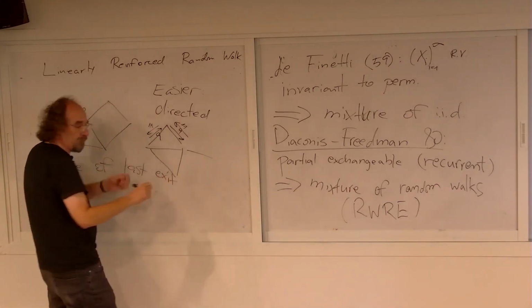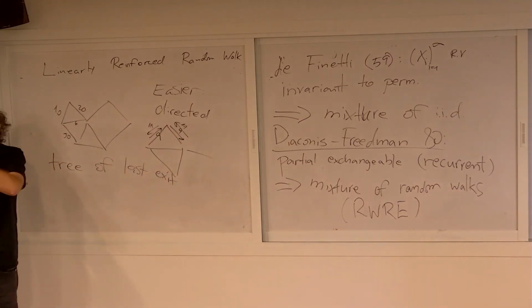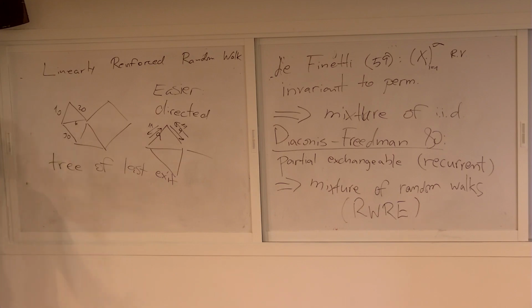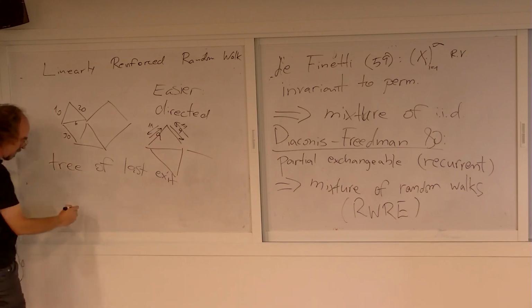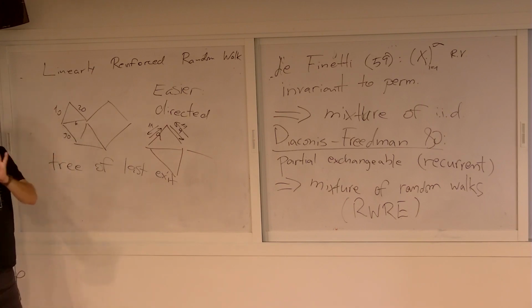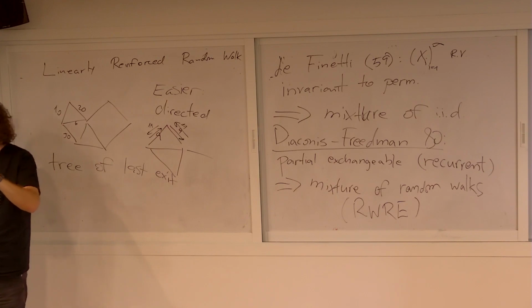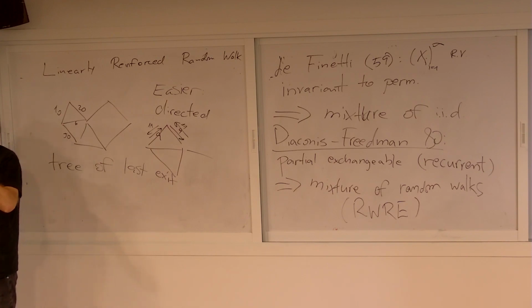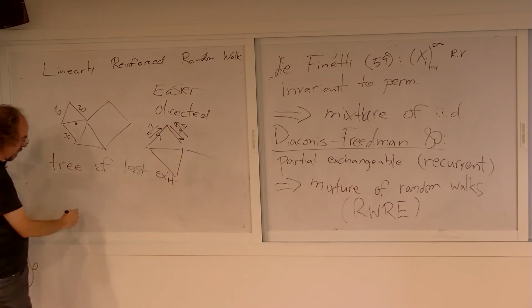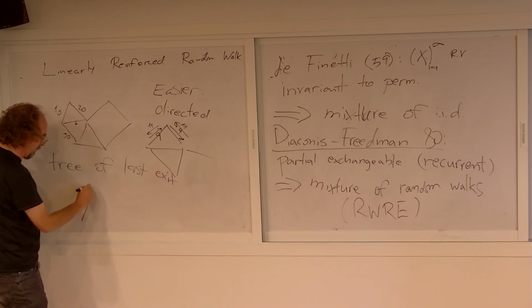If you have some path, it reaches some vertex, I don't know, 100 times, and eventually gets out through one of the edges that leaves the vertex. You remember just these last exit edges. Now, of course, that must be a tree.